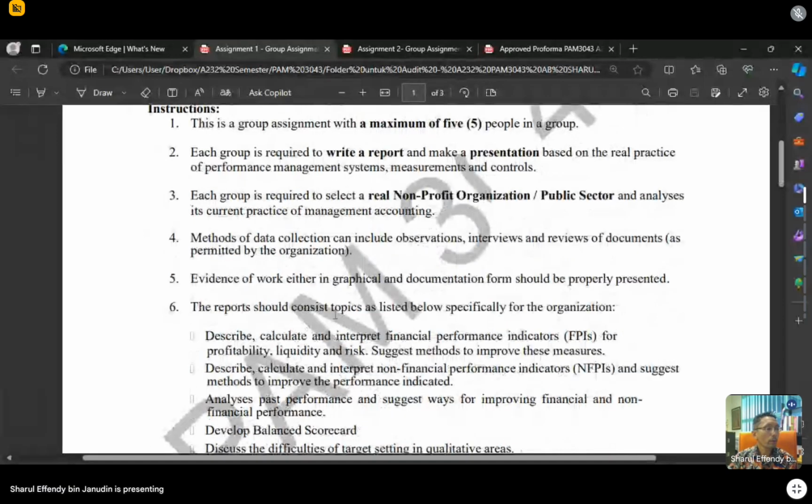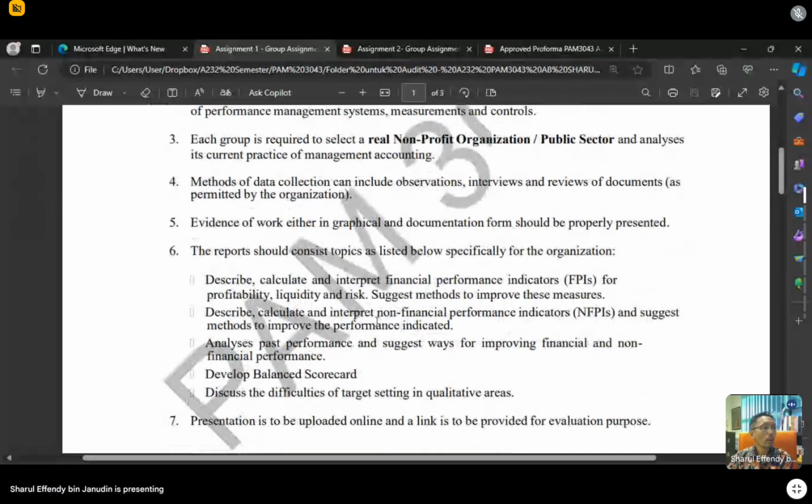The report should consist of the topics listed below. First, describe, calculate and interpret financial performance indicators. Meaning that you have to choose an organization which has an audited annual report.